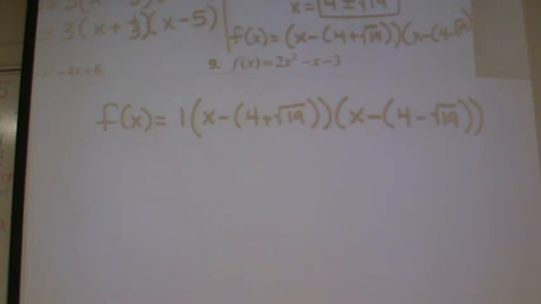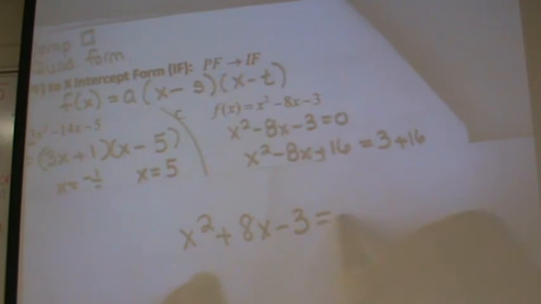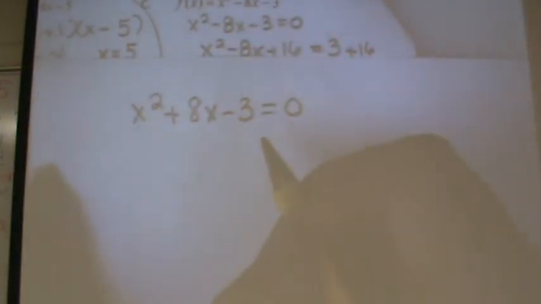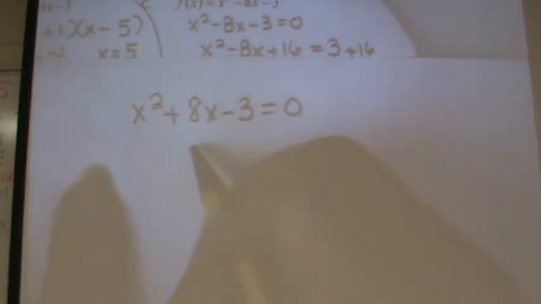Now, I'm going to change this problem around for a second. What if I had x squared plus 8x minus 3, and I asked you to write this in x-intercept form? Watch this one. Add 3.